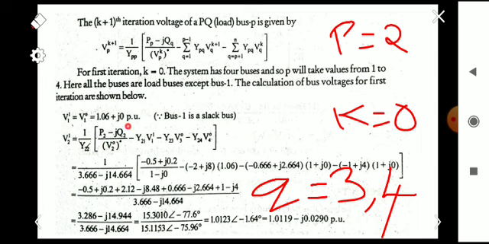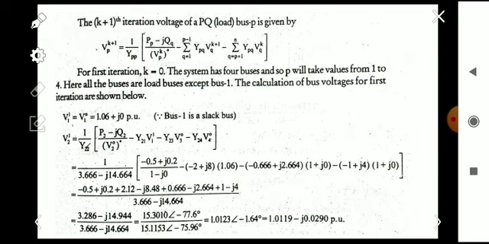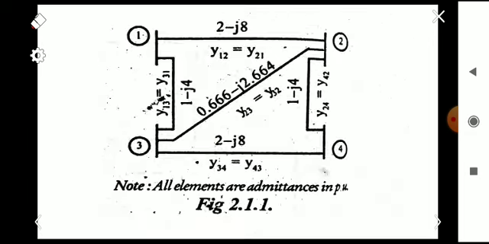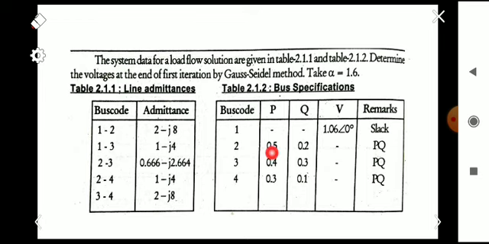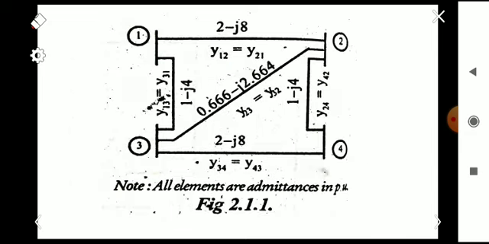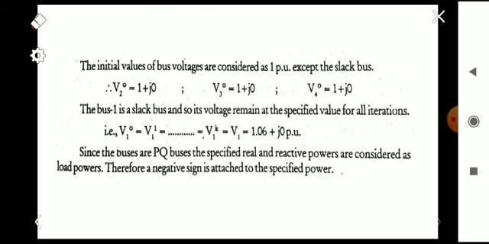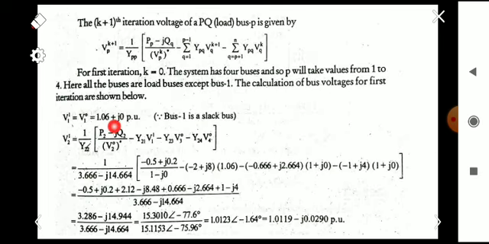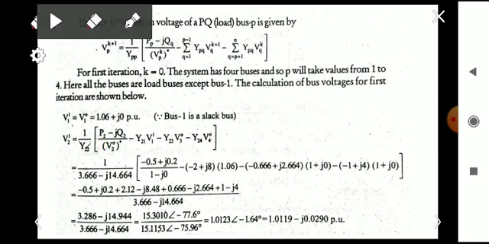So this is the equation for V2^1, and we just substitute, as we know all these values. Y22 we know, and P2 and Q2 are given in the question itself for the second bus: P2 is 0.5 and Q2 is 0.2, so we have to take the negative of those values.